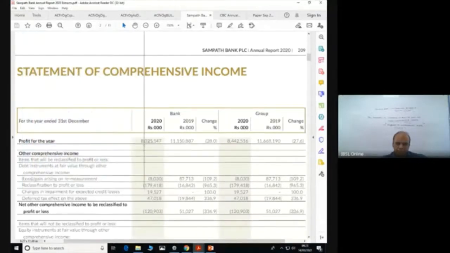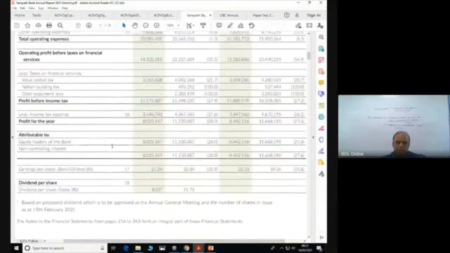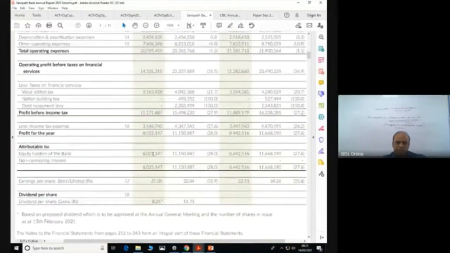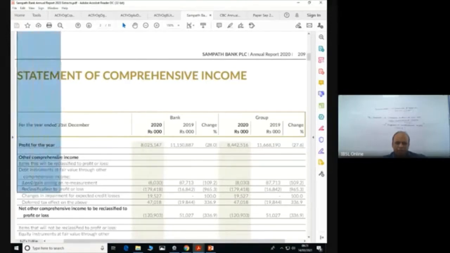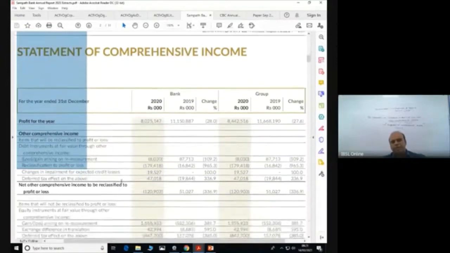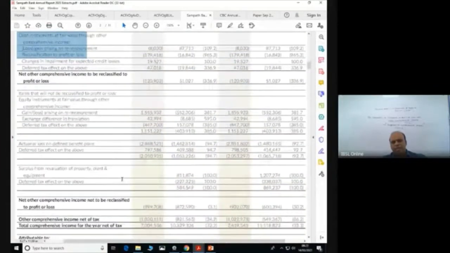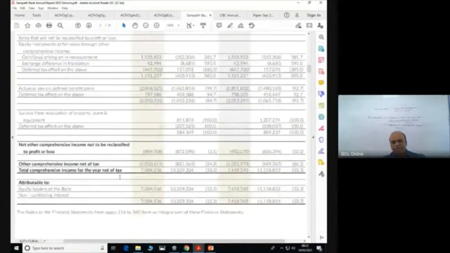You see, their profit is 8 billion. That 8 billion comes here. They start with the 8 billion, and then they bring in all the other comprehensive income items, which makes it the statement of other comprehensive income.